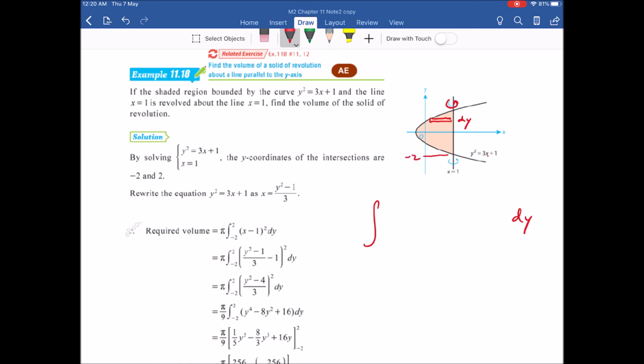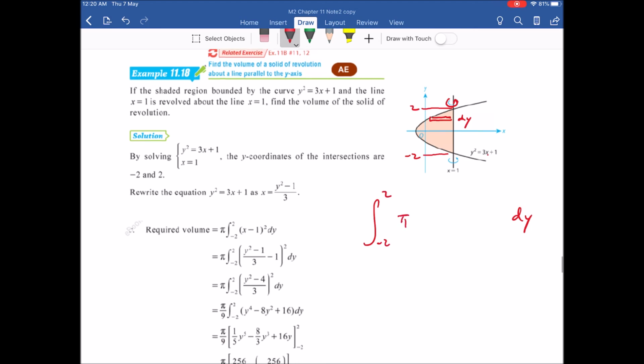Okay, you solve, put the 1 here, and then minus 2, and then put 1 here, 2, so minus 2 to 2. Okay, and then the pi r squared, the r should be 1 minus this one. Okay, 1 minus this one.